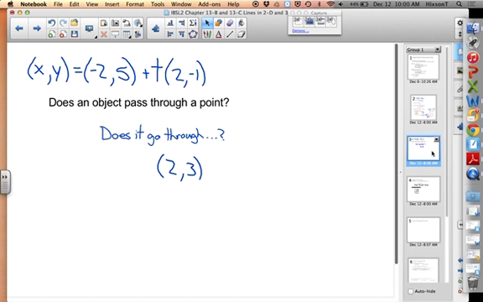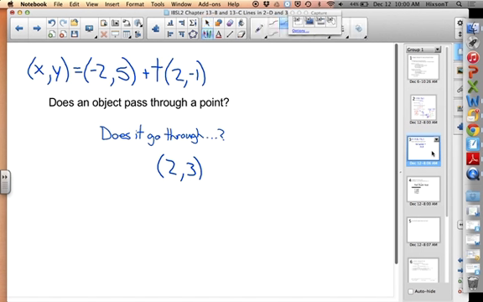How would we go about figuring out if that point's on the line? Jay, what do you think? You could plug 2, 3 into the xy portion. Mm-hmm. The component vector form. And then how could you solve from there? That's kind of the challenge here.